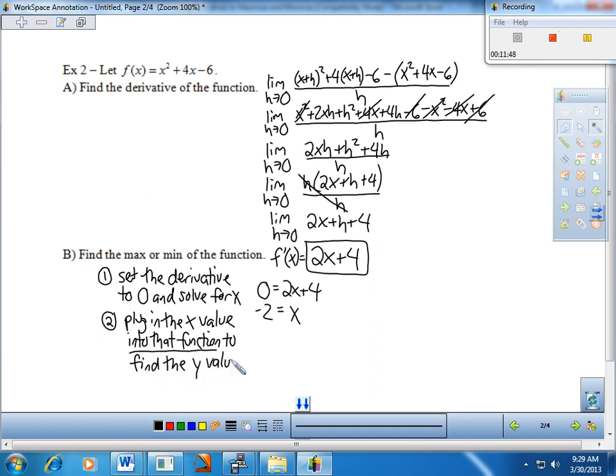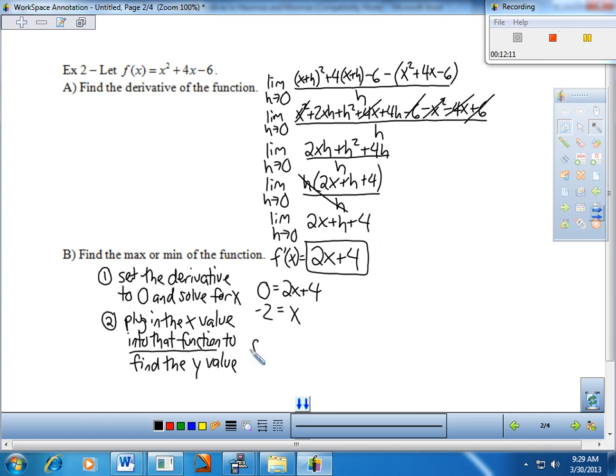Not the derivative, guys. If you put this in the derivative, obviously you're just going to get 0 out of it. That's not what we're after. So we want to know where the function is maximized or minimized. And in order to do that, we know this is the x value that's going to produce the max or min. So it goes back into the function, and we go ahead and solve. So this is step 1 right here.